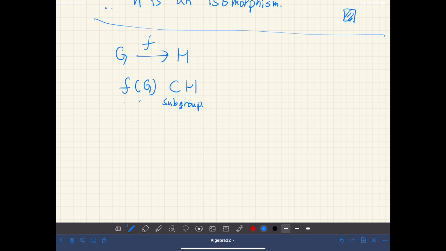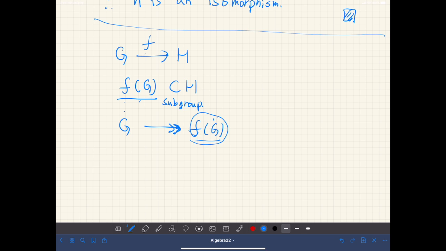Then in that case, we can limit the codomain of f to the image of f. So we can have G to f of G, which is an epimorphism, right? Because it's an image. So by definition, for every element in this image, there is a corresponding element in G such that f of that element becomes the given element.